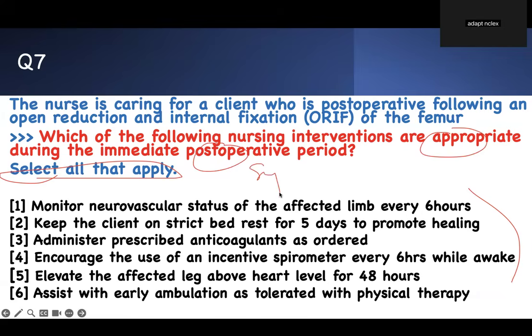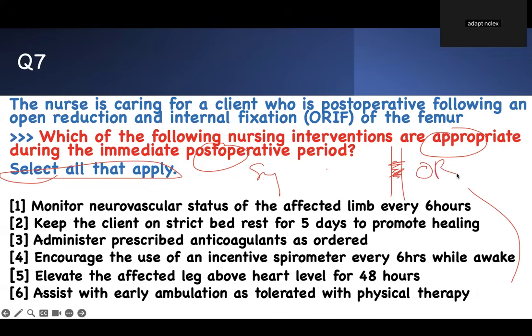What is the problem? A nurse is caring for a client who is post-operative following an open reduction internal fixation of the femur. Forget about it. If your femur is broken, I got to fix it. Open means I got to make an incision, cut through the skin to see the bone.